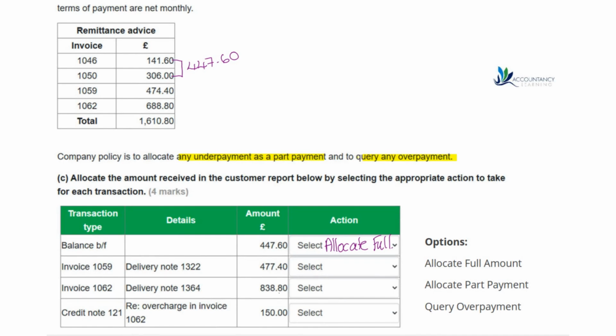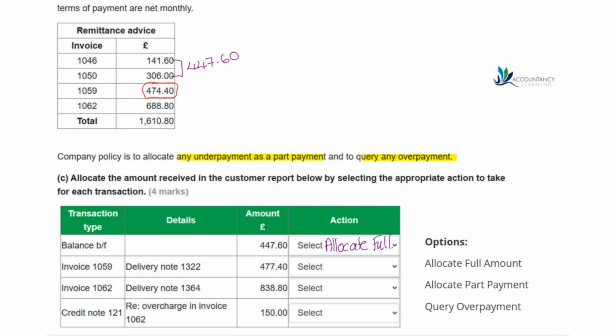So next then we have got 477.40. So there's nothing obvious there that jumps out at the exact amount, but we have got a 474.40. So it's likely to be related to that. But let's just look at the last couple here just to prove what we're doing. We've got a 838.80 invoice and we've got a credit note.